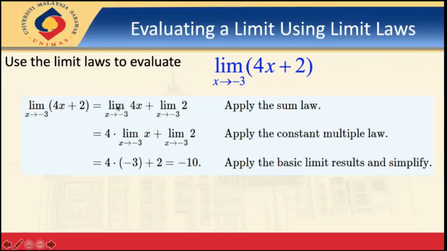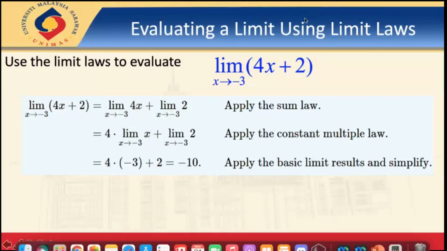And again, if you recall, this is actually 4x. So 4 is a constant and x is a variable, so it is like the constant law. In that case we can apply that law, and we can put the constant outside, and limit of x plus limit of 2 when x approaches -3.